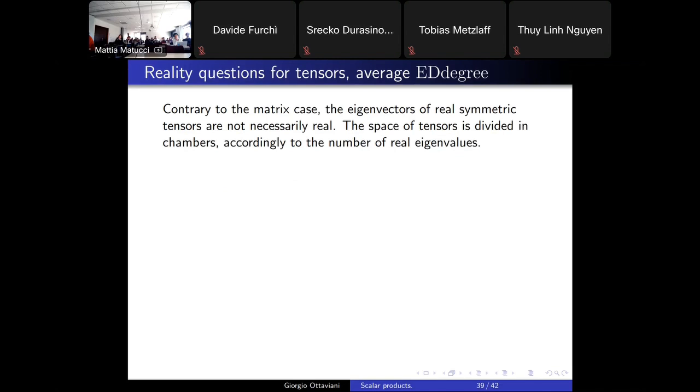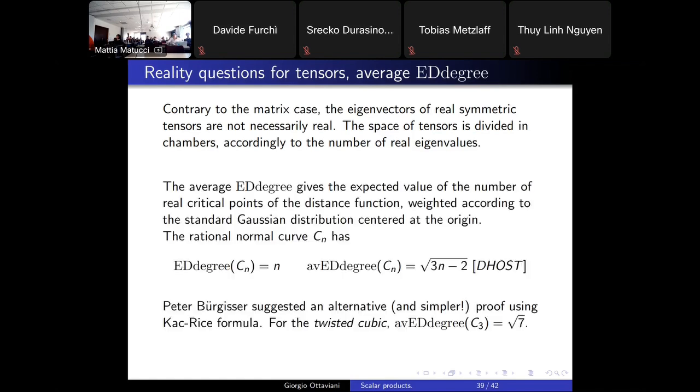So now, just a small remark about the number 2.4. I told you at the beginning we can count the real critical points. Then the space of tensors, when you start from a real one, is divided in chambers according to the number of real eigenvalues, and you can take the average. So count the volume of each chamber with the distribution, and you fix the Gaussian one.